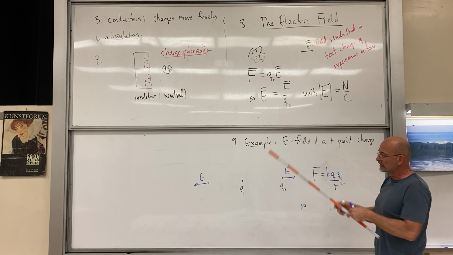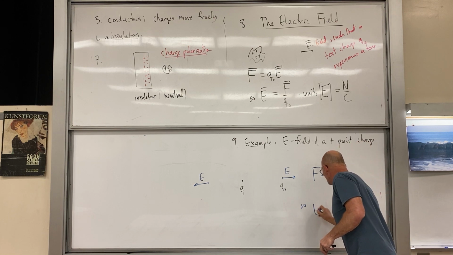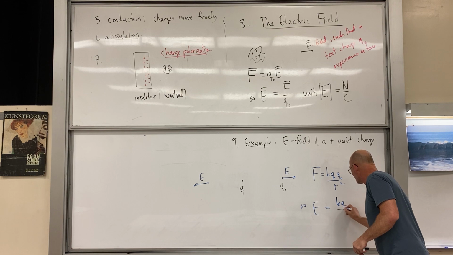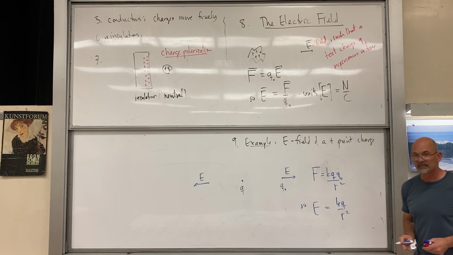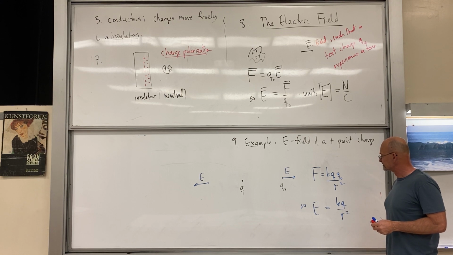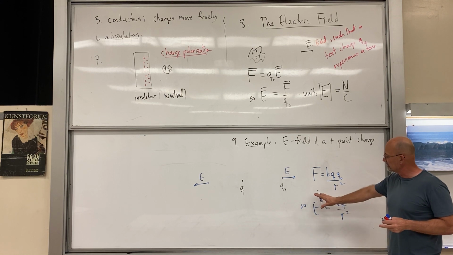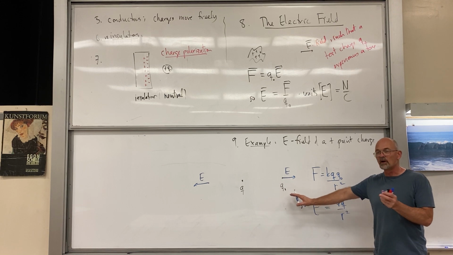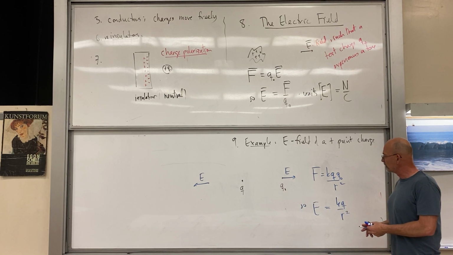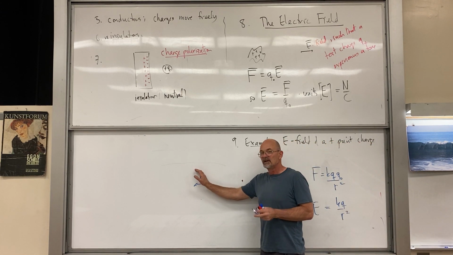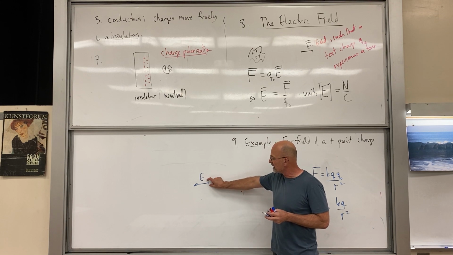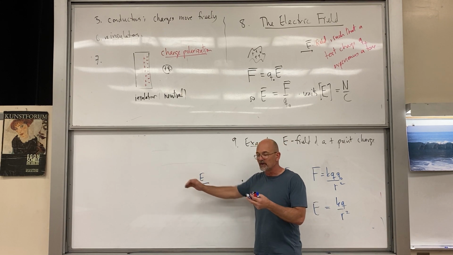F over Q0. So E is equal to KQ over R squared. So for a point charge, the field and the force, we're talking almost the same thing. It's just that we don't have the charge here. So we say the field, it's there, but we feel it when we actually put a charge there, and then it'll fly away or experience a force.